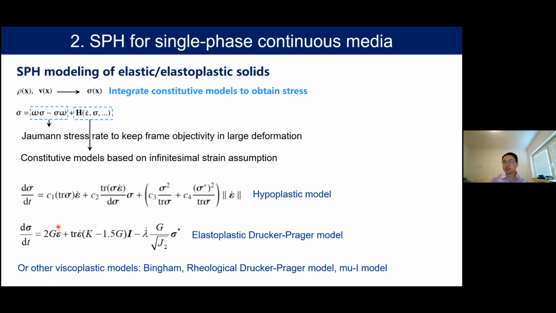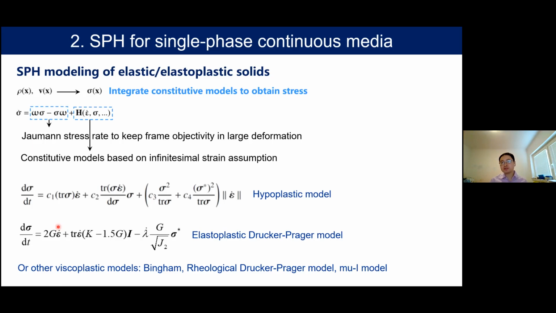What is pressure dependency? If you have metal, your yield stress is independent of your normal stress. But in geomaterial, because of the friction contact, your yield stress is dependent on the normal stress. This is called pressure dependency, which is the most important feature of geomaterials compared to other kinds of material.